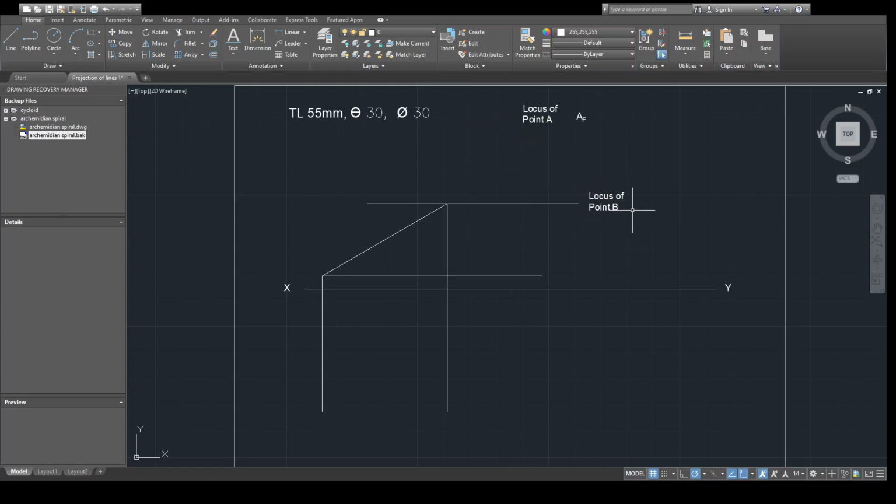So this is the locus of point B, and this is the locus of point A.